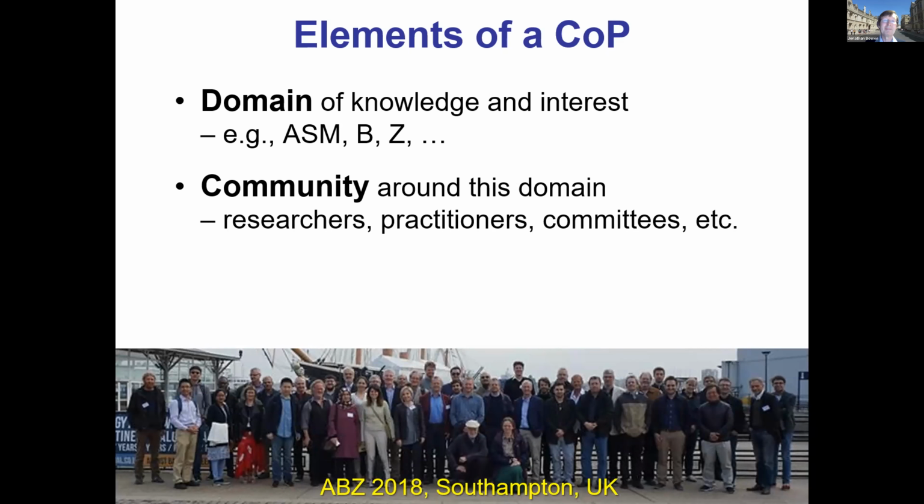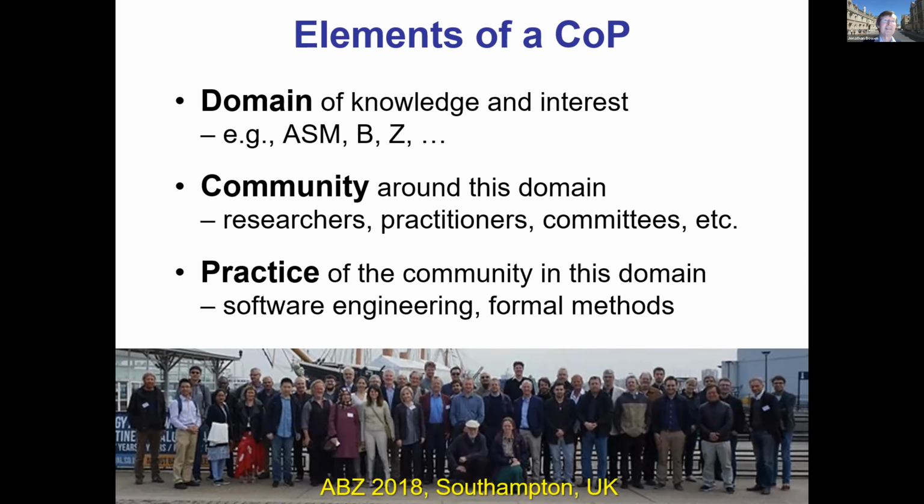Here at OpenCERT, that needed a committee to get it going. So you need these different people with different skills. Some people will have skills across some of these different areas, but you certainly need to cover all these areas if you're going to develop the community. And the practice is the domain. So the more general domain for formal methods is software engineering, but then formal methods itself is a subdomain of software engineering.